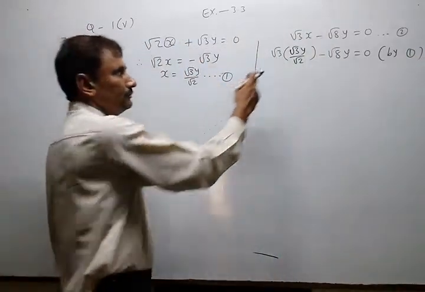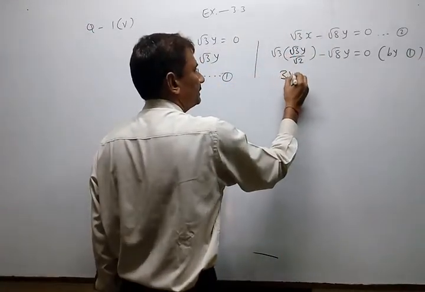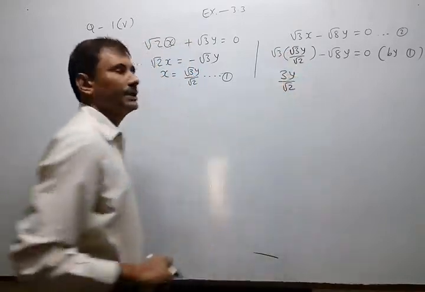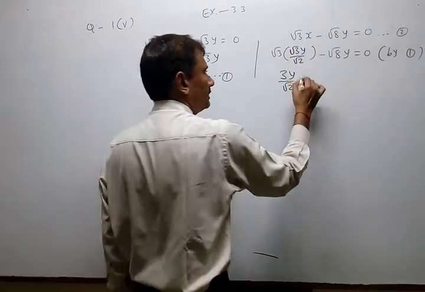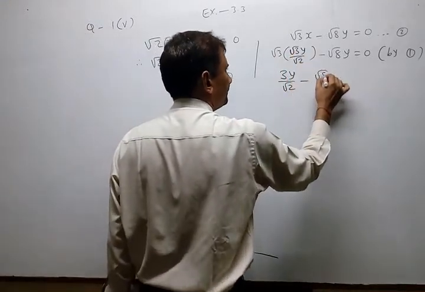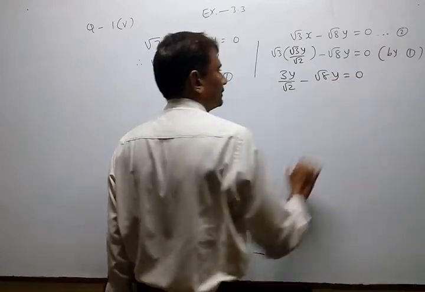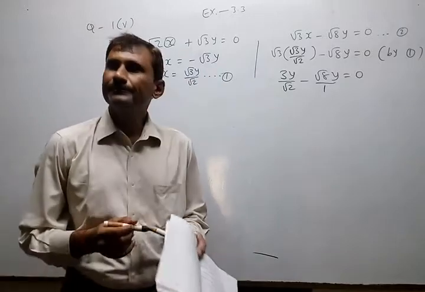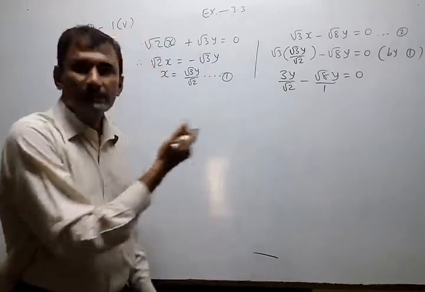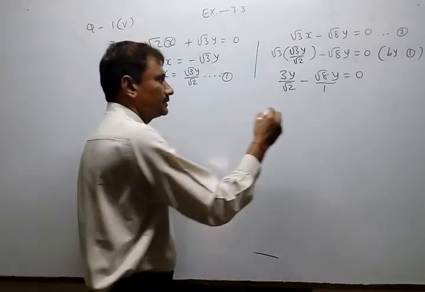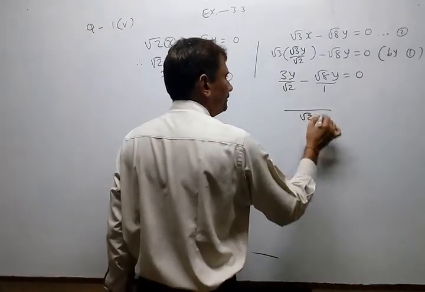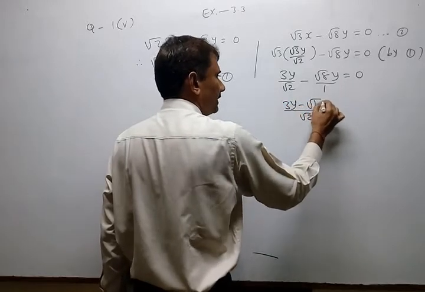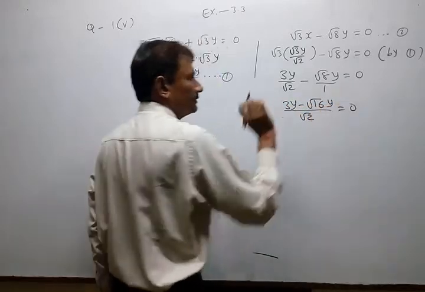Now it becomes 3y upon root 2, root 3 into root 3, no cancellation possible here, minus root 8 y equals 0. Now since a fraction is there with addition and subtraction in between, just simplify: cross multiply, 3y minus root 16 y upon root 2 equals 0.